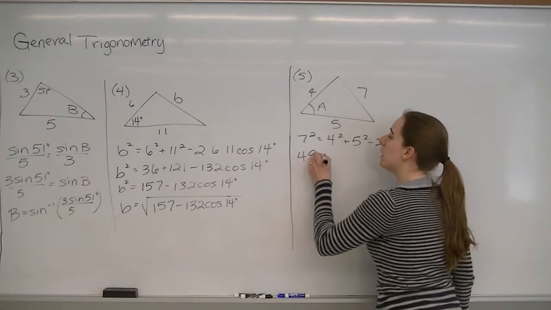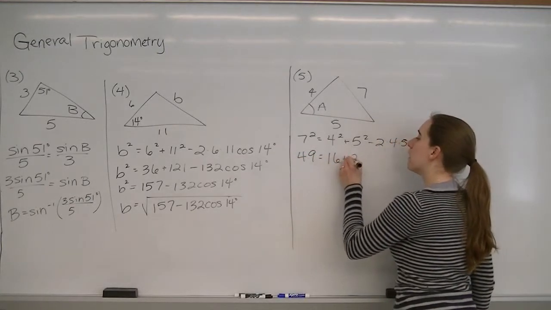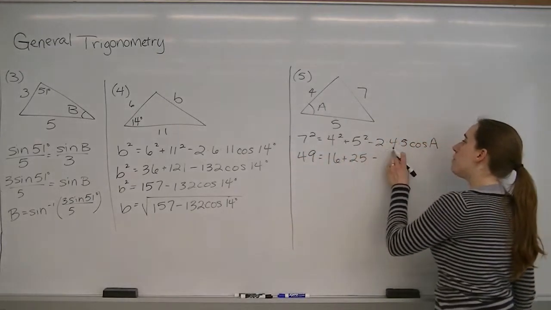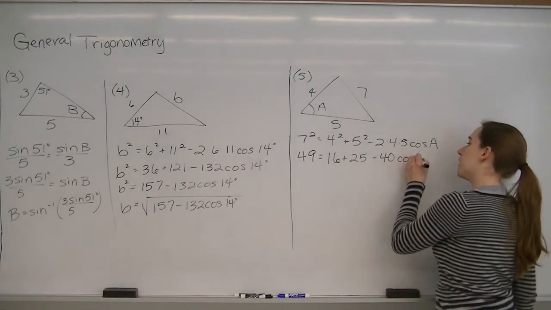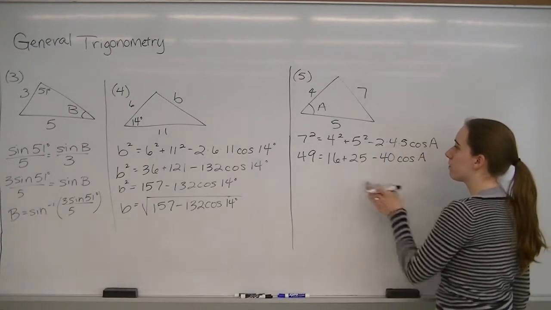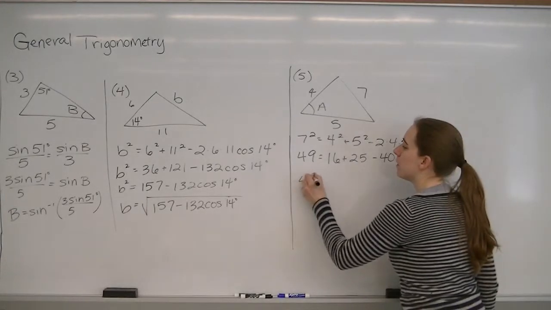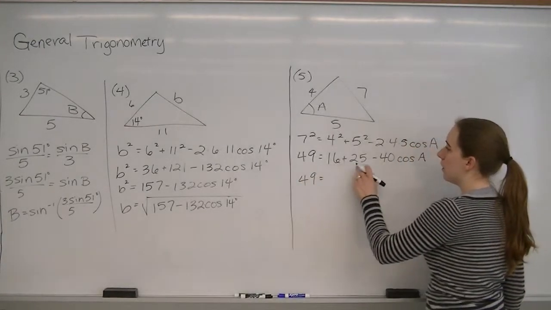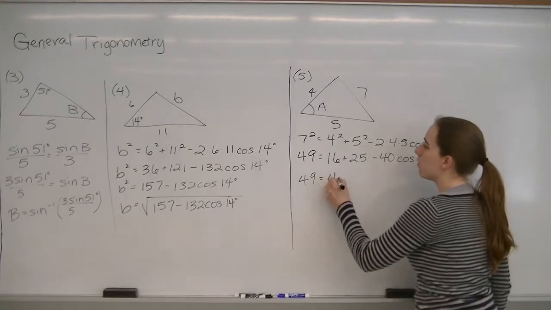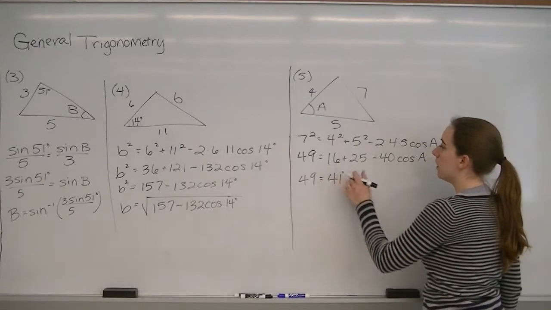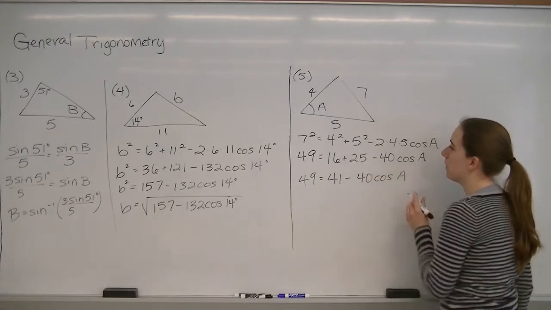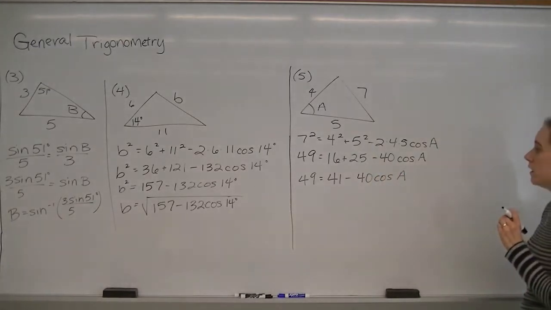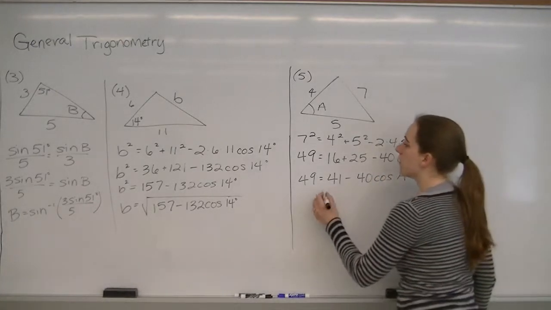So we get 49 is equal to 16 plus 25 minus 2 times 4 times 5, which is 40, cosine of A. I'm going to combine these two. So I'm going to get 41 minus 40 times cosine of A. Move this to the other side.